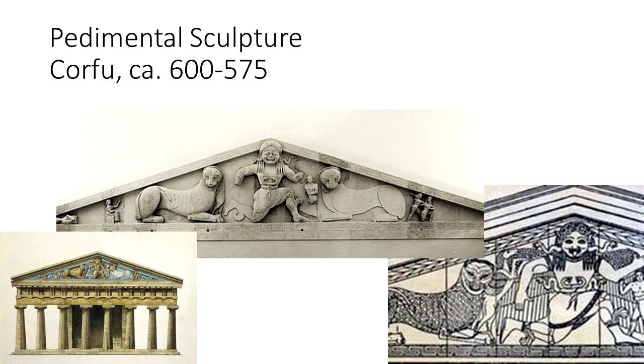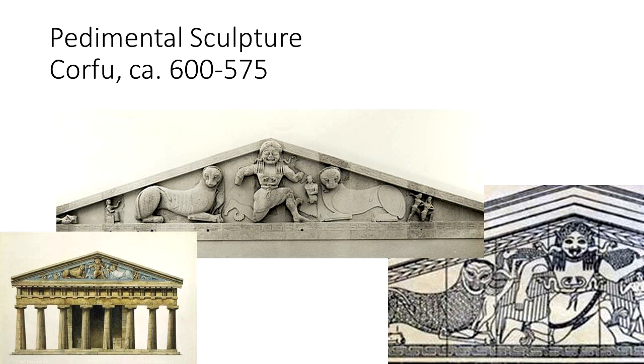Doric temples always have gabled roofs at the top that meet in a peak, and we assume that the triangular face of the temple that the roof formed was often painted to make it more interesting to look at.